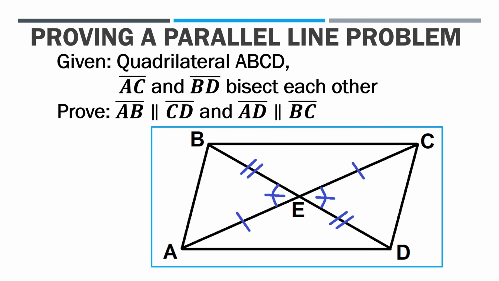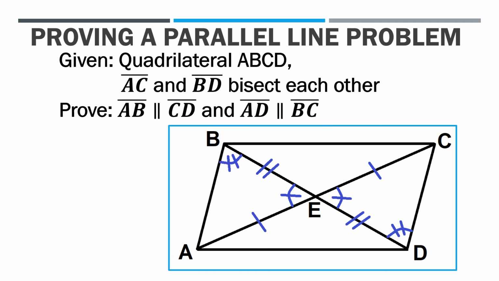Of course, you should see these vertical angles here. The vertical angles BEA and DEC are congruent by the vertical angle theorem, which states that all vertical angles are congruent. Thus, triangles ABE and CDE are congruent by the SAS postulate.